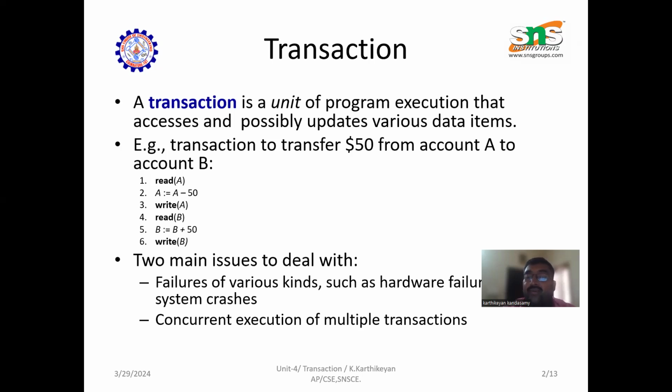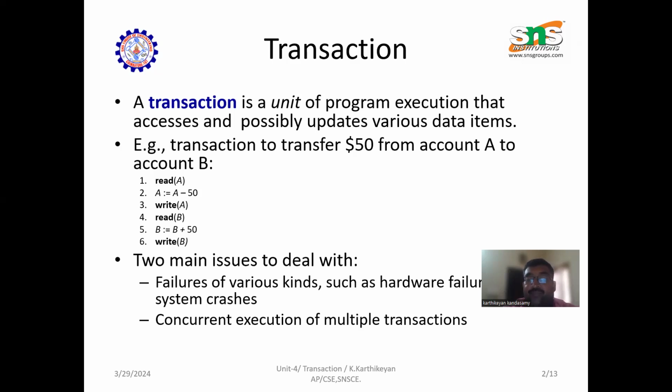This is an example transaction to transfer $50 from account A to account B. First I read A. Suppose I have 100 rupees. So A equals A minus 50, that is 100 minus 50. After completing, I write it to the database server.